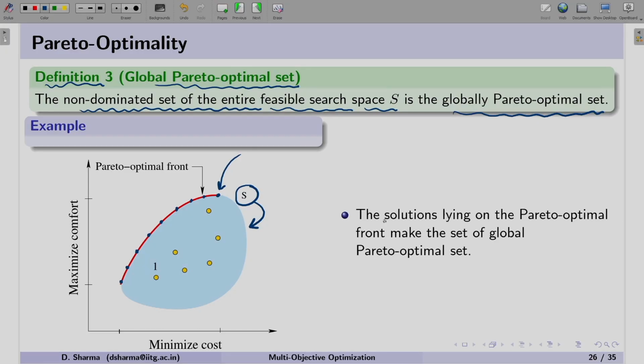Therefore, the solutions lying on the Pareto optimal front make the global Pareto set. That is the difference we will remember, and whenever we have to say what a Pareto optimal set is, we can define it in terms of non-dominated solutions with respect to the entire feasible search space.